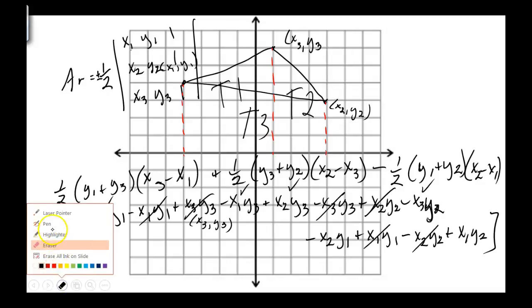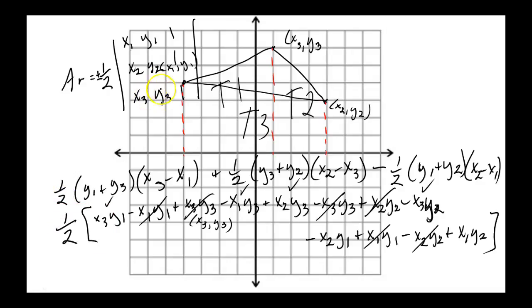And the last one would be plus x1 y2, sorry. Minus x2 y1. There it is, x1 y2 minus x2 y1. Sure enough, that's it. And 1/2 out front. So sure enough, that works.